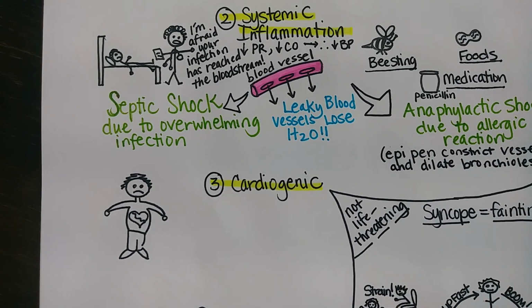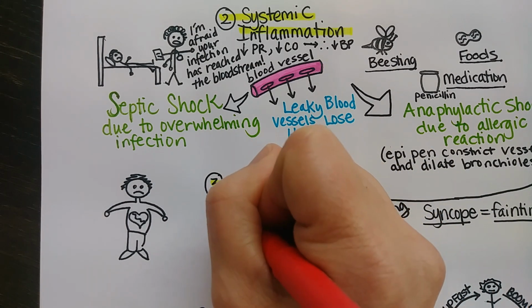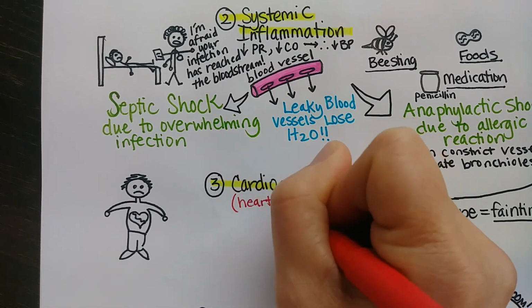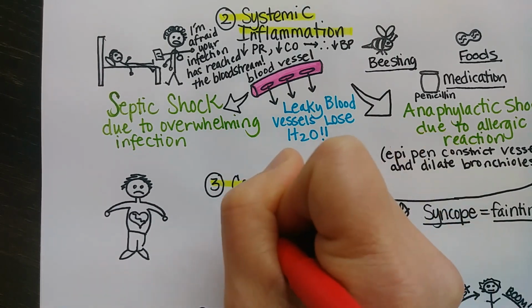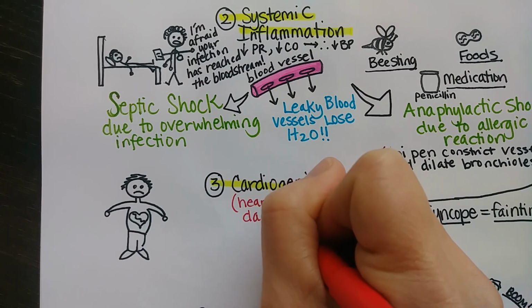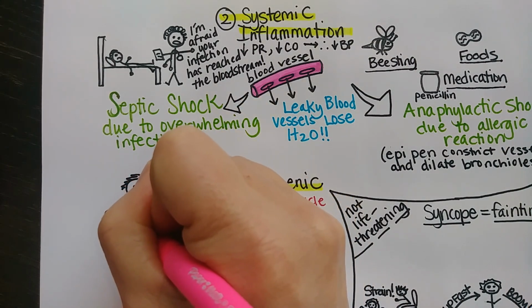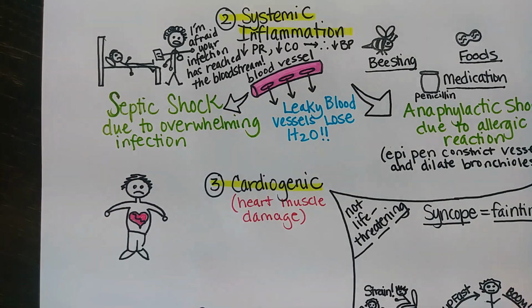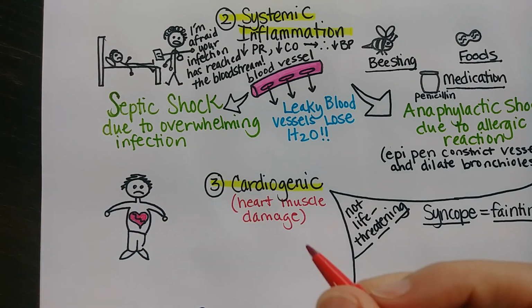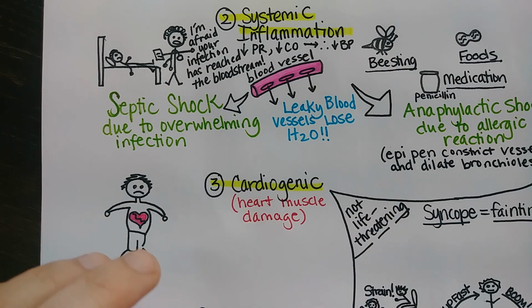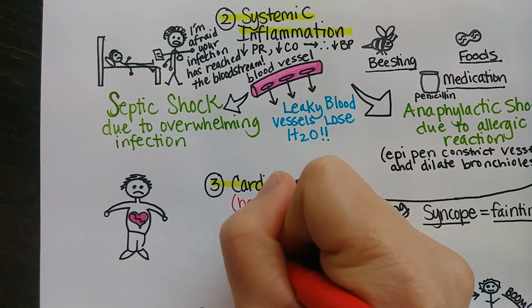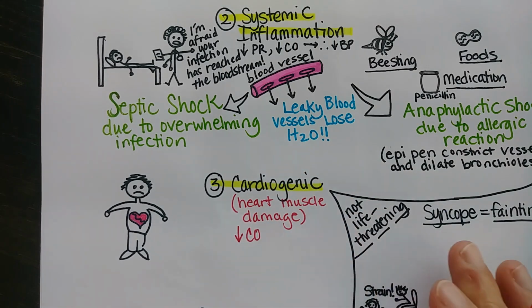Okay, a cardiogenic form of shock is when there has been heart muscle damage. I'm going to use a red pen here. Heart muscle damage. So this is going to be most classically due to a heart attack, a broken heart, so the pump isn't working, and so this one has nothing to do with peripheral resistance and everything to do with a decrease in cardiac output.